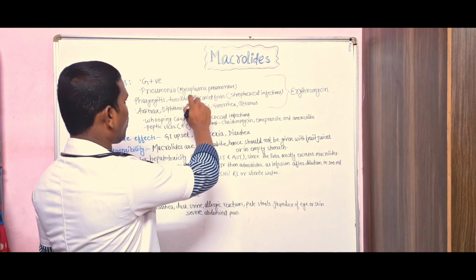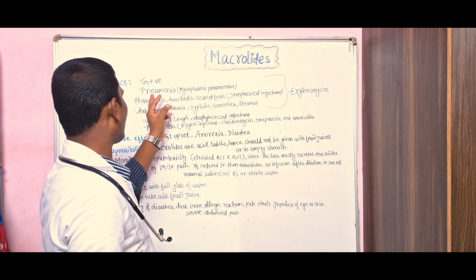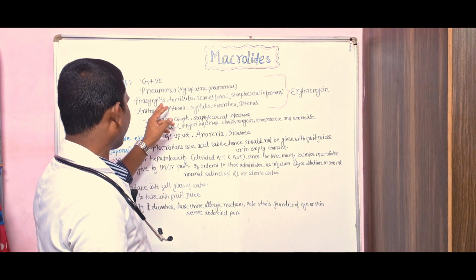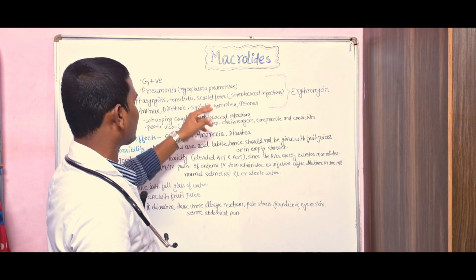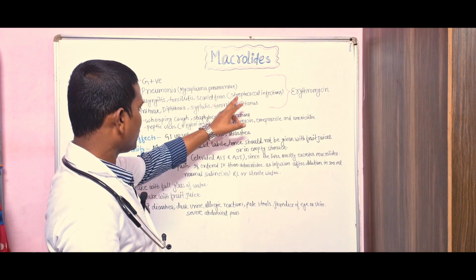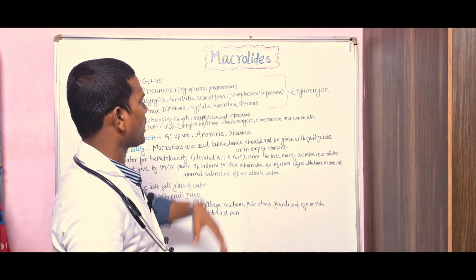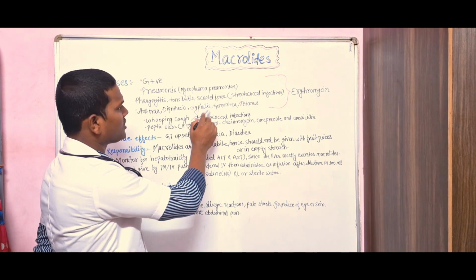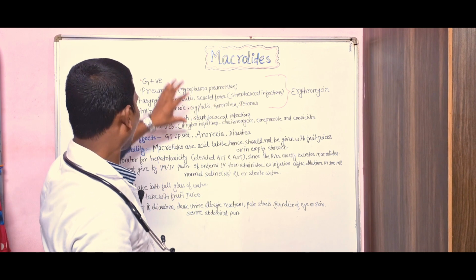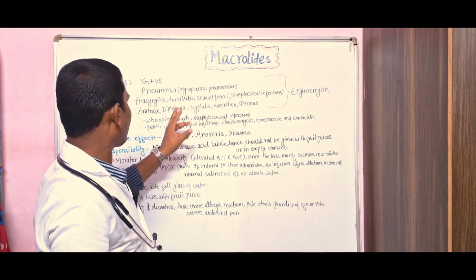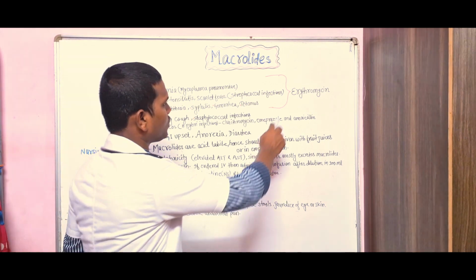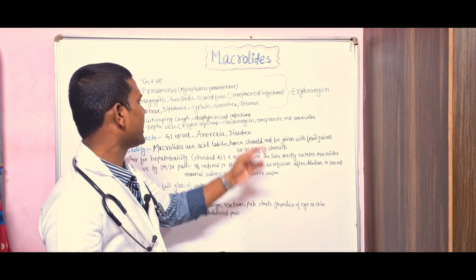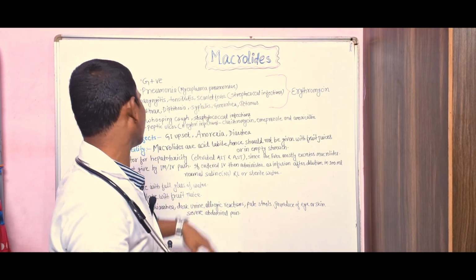They are used in pharyngitis, tonsillitis, and scarlet fever that occur due to streptococcal infections, and in anthrax, diphtheria, syphilis, gonorrhea and tetanus. In these infections, erythromycin is most effective.